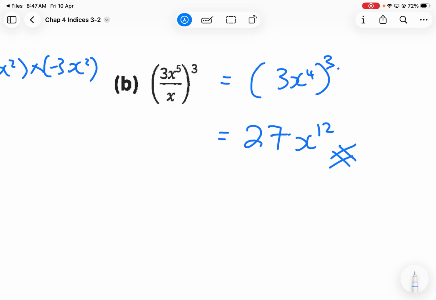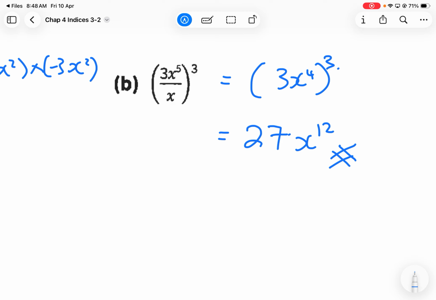At first there was 5, but after I divide, one x cancels, that's why it becomes 4. You cannot go and multiply the 3 with the 4. The 3 is 3, x is x. After I cancel, I'm left with 3 multiplied by x to the power of 4.